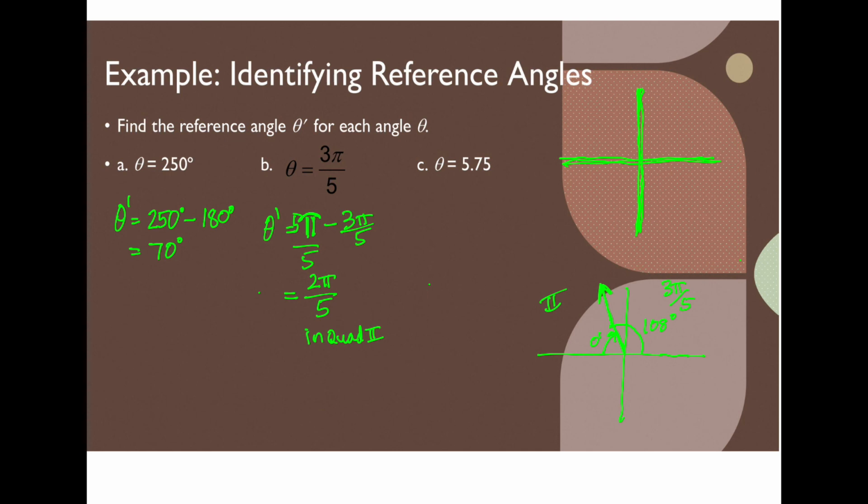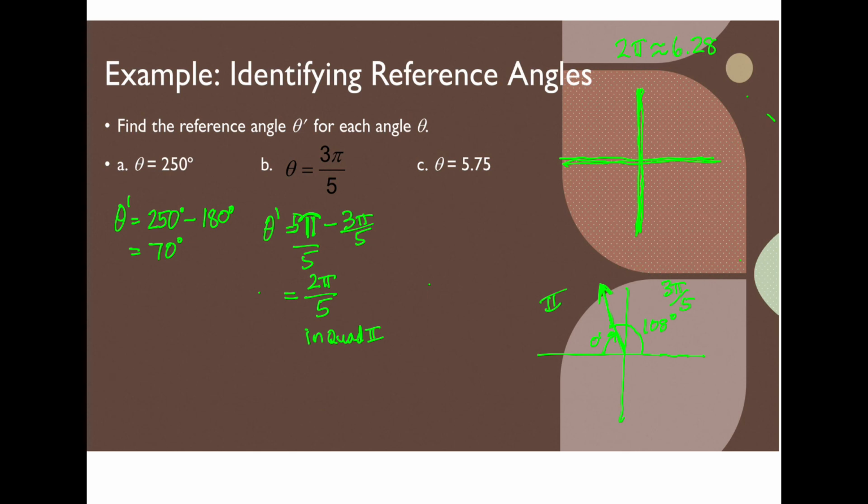So what is 2 times 3.14 approximately? 2 times pi is about 6.28. And so if I go all the way around, I'm at 360, 2 pi, or 6.28. So 5.75 is looking like it might be in the fourth quadrant.